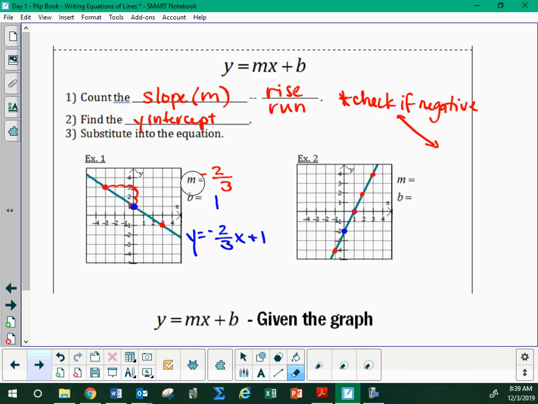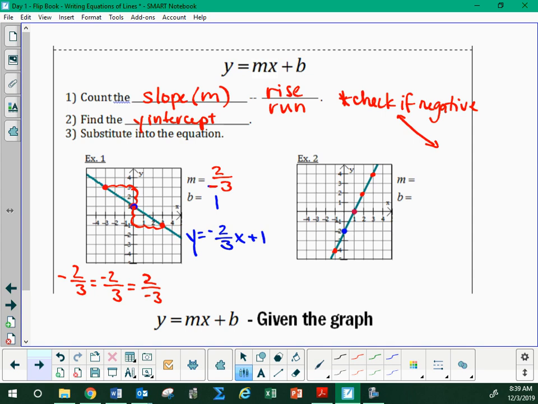So what Eric and Gabby were asking about is I went up 2 and left 3, so technically that's where my negative would be. But if you made it a negative 2, that means you just started from the other point and went down. Yeah, if I went down 2, that would be my negative, and to the right. So guys, negative 2/3 is the same thing as negative 2 over 3, which is the same thing as 2 over negative 3.